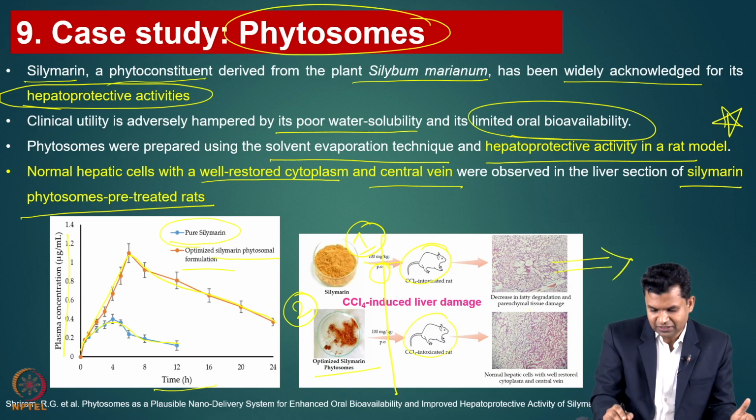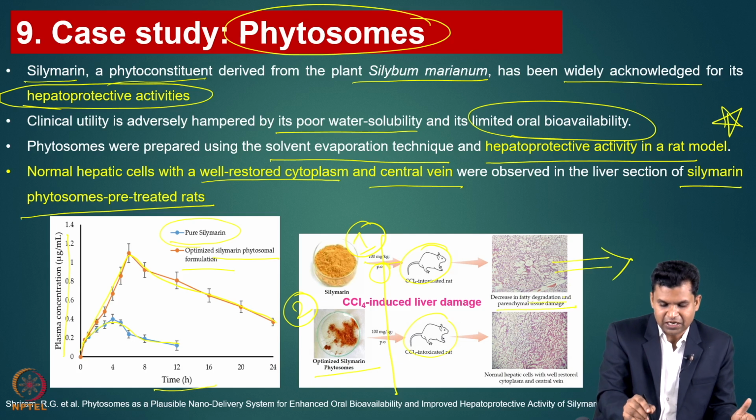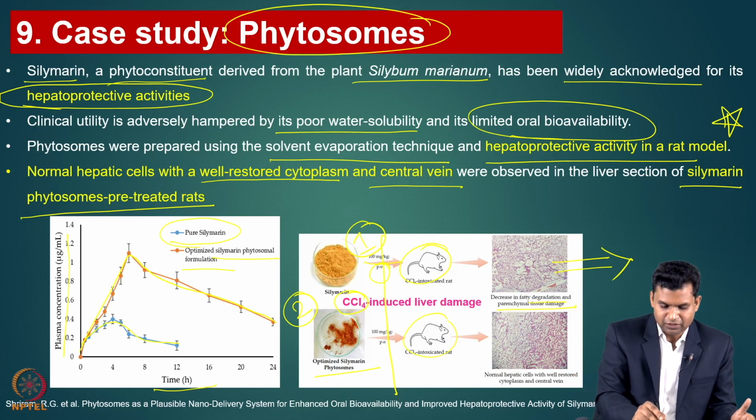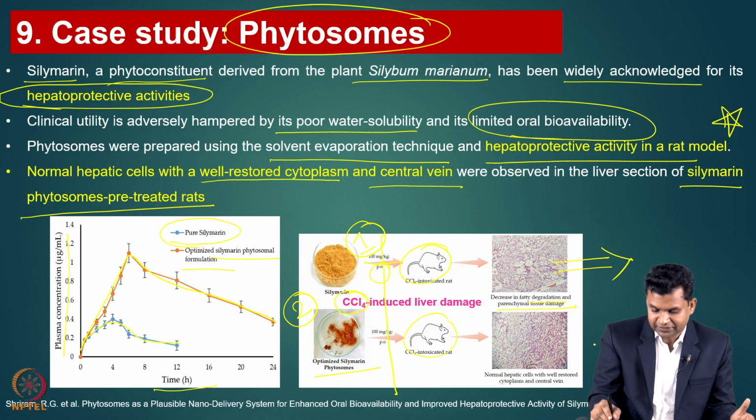Here you will see the fatty degradation and the tissue damage after induction with carbon tetrachloride, which induces toxicity in the liver cells, whereas pre-treatment with phytosomal silymarin protects from the toxicity of carbon tetrachloride.